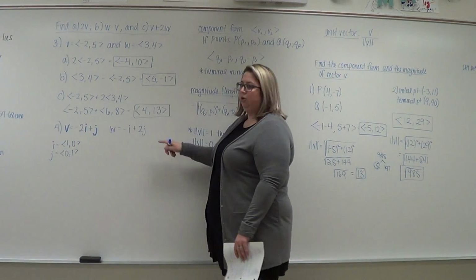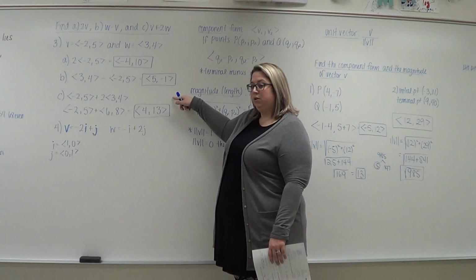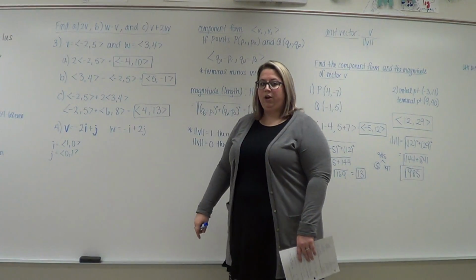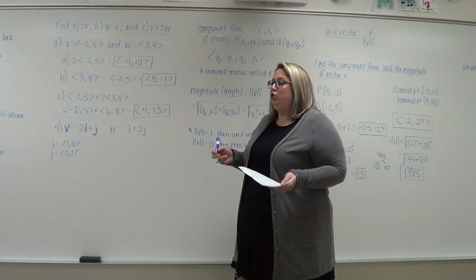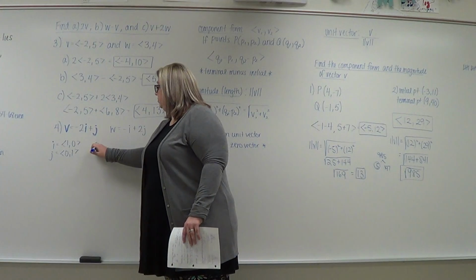This is called linear combination form. So we had component form, which has the brackets. This is linear combination. When you solve it, you're going to do what you think you would do, or at least what I think makes sense.